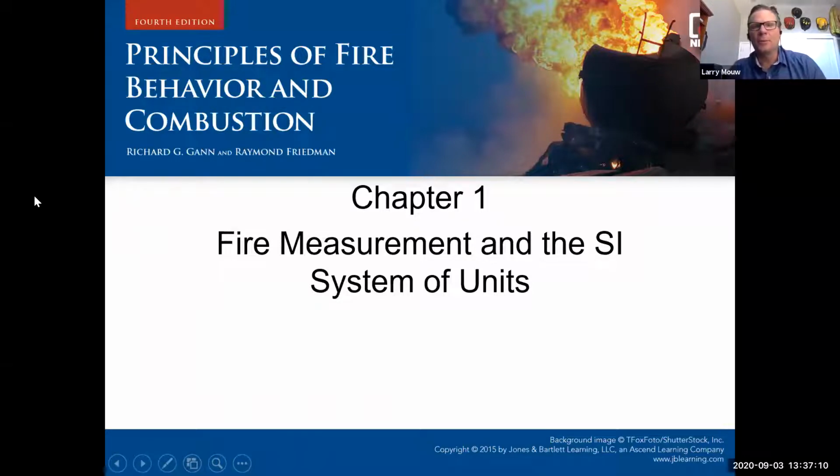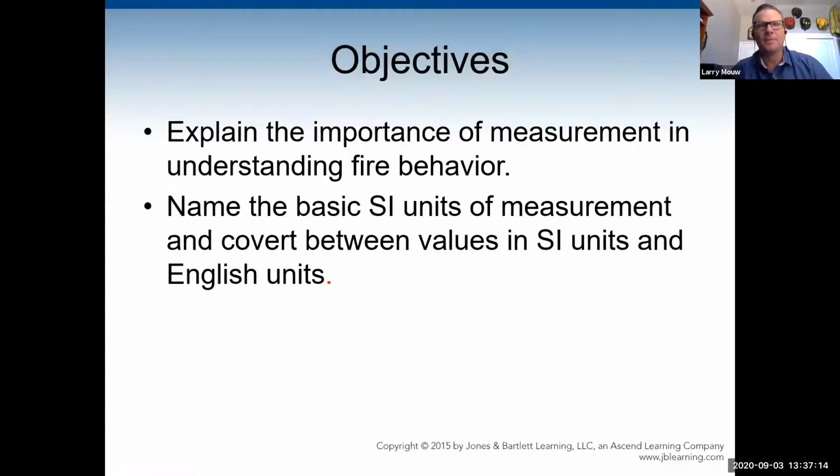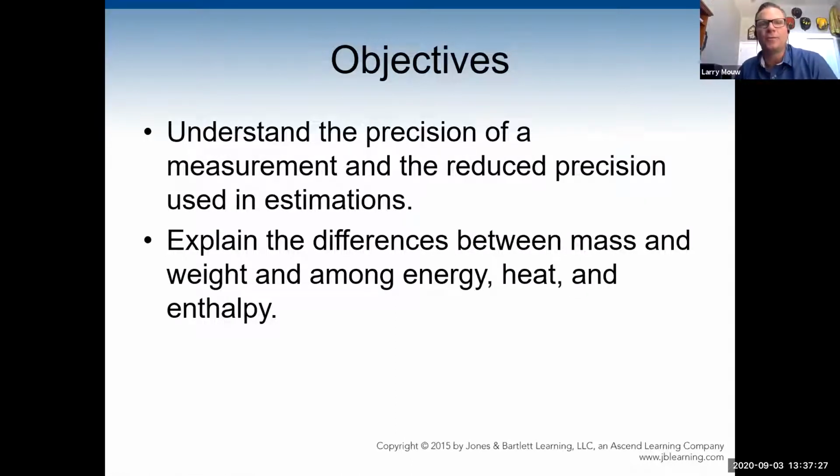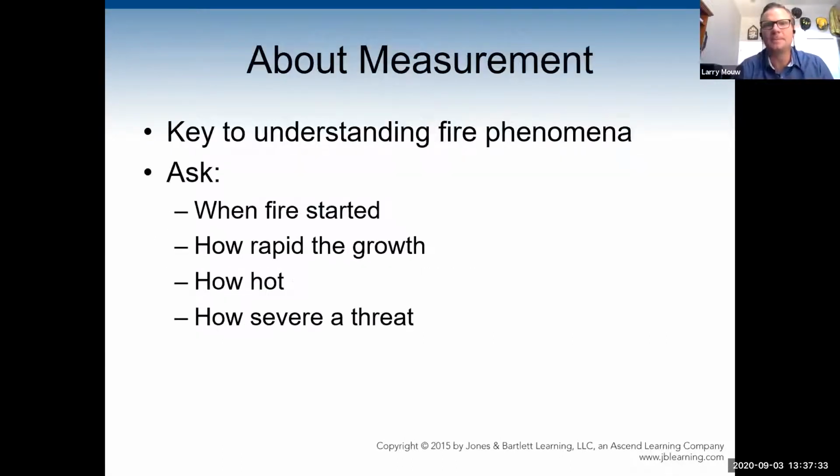So here we are, chapter 1, fire measurements and the SI system of units. So we're going to explain the importance of measurement, name some of the basic units, and go from there. Understand the precision of a measurement, explain the difference between mass, weight, and energy, heat, and enthalpy.